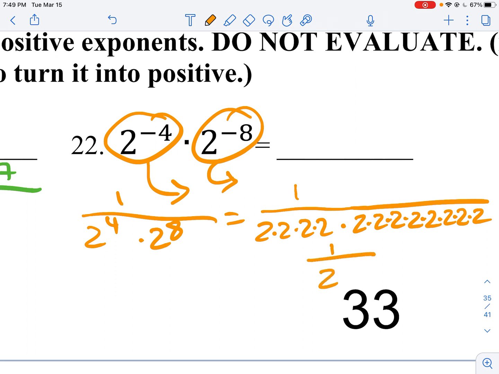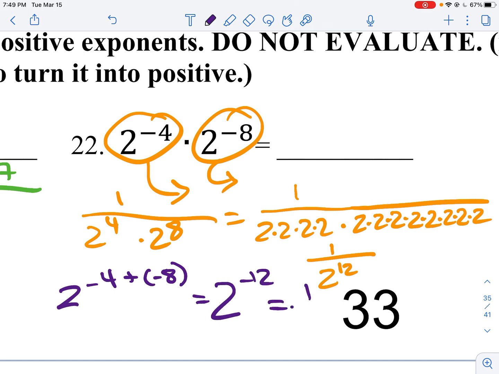So that gets me 1 over 2 to the 12th. Or if you used the property, I would get 2 to the -12th, which would get me 1 over 2 to the 12th.